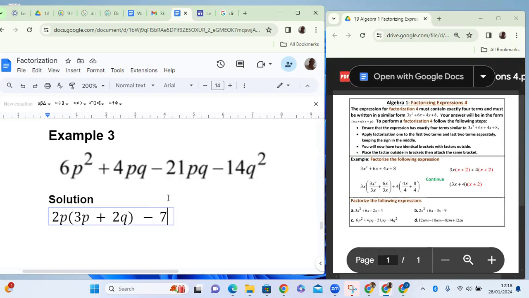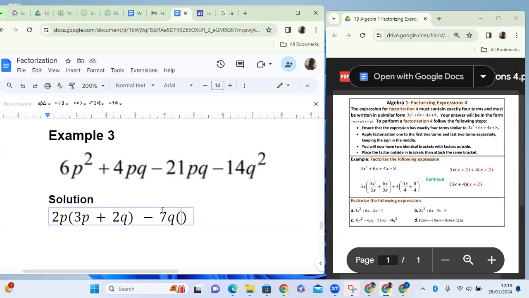Now let's look at the letters. p is not common, so we cannot put it outside of the bracket, but q is. You have q to the 1 and q squared. q is the highest common factor. q can go into q, q can go into q squared. Now we're going to divide by negative 7q.